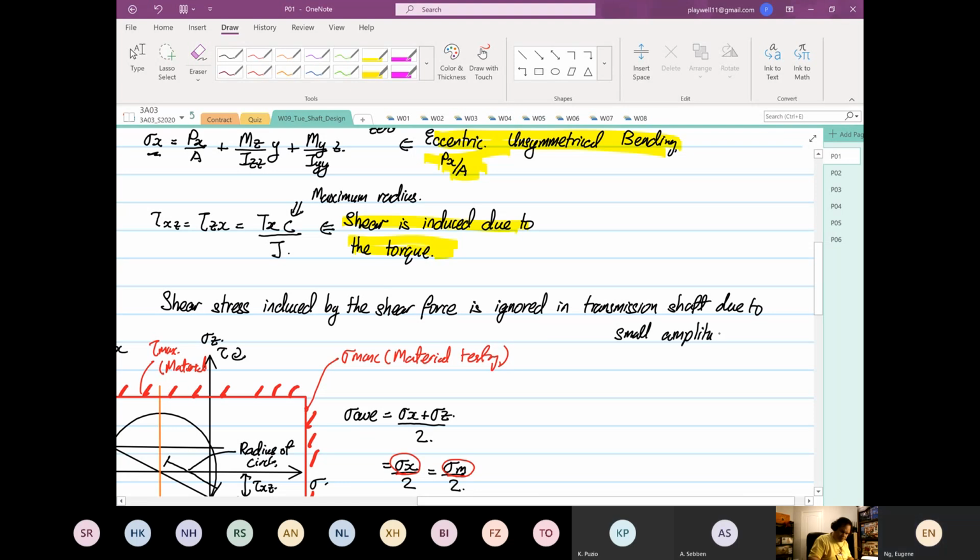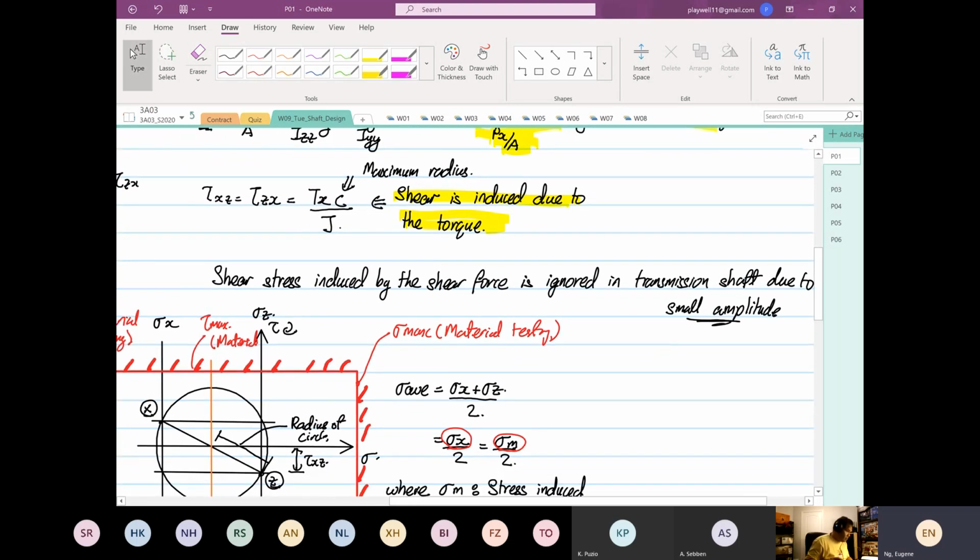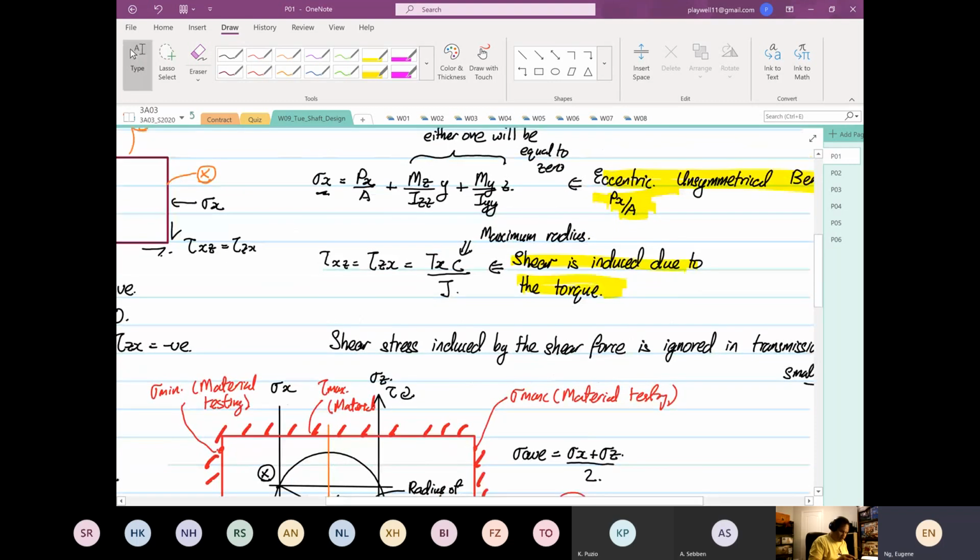The stress induced by the shear force is small when compared to the shearing stress induced by the torque and relative to the normal stress. So we drop it.